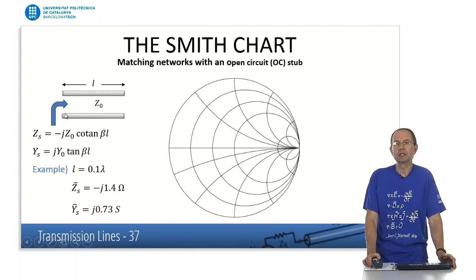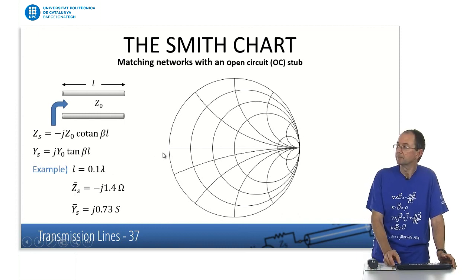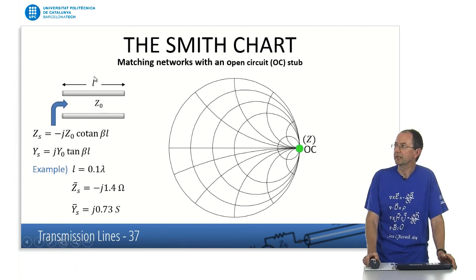So we are using a piece of line which is left open circuit at the end. So the question here is, okay, what is the impedance and what is the admittance at the input of the line? So here we have an example, we have a piece of line, 0.1 lambda, and we want to determine what is the impedance.